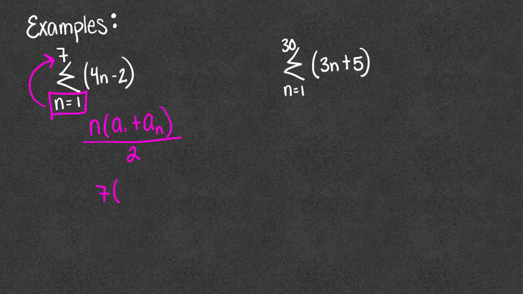The next thing I need to do is figure out my first term in my sequence. To figure out the first term, I'm going to plug in 1 into that argument. So I'm going to do 4 times 1 minus 2. And that's going to give me my first term in the sequence, which is 2.